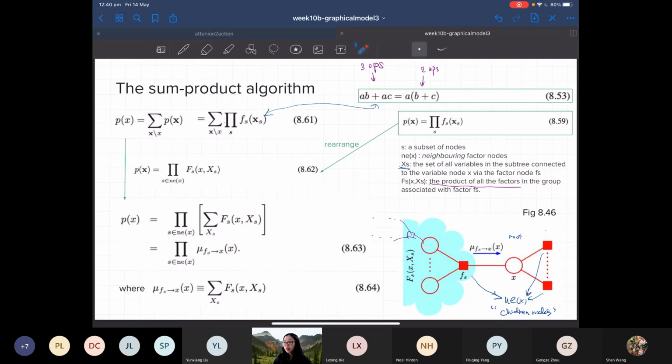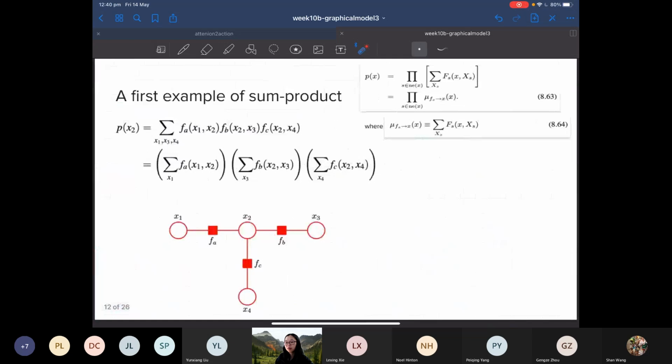Let's look at a simple example here. So if we have a factor graph, here are the last two expressions repeated. We're going to use them here, right? So if we have a simple product factor graph like this, we can see that the joint distribution P of x is just these three terms.